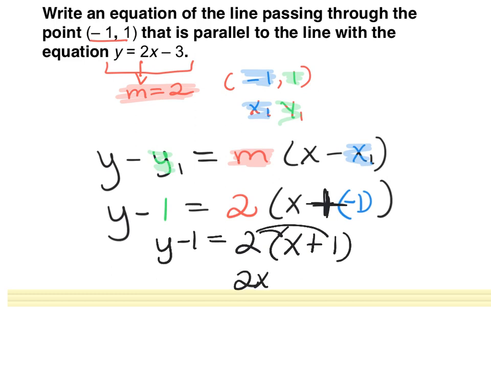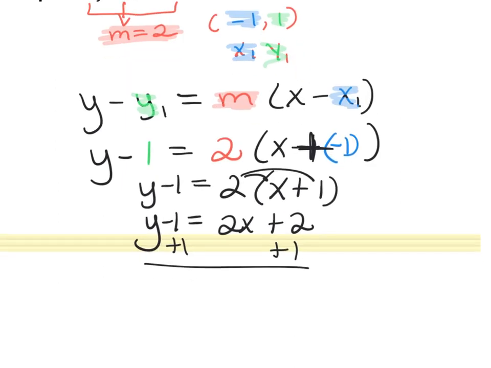So it becomes 2x plus 2. Drop down the y minus 1. And now move the 1 over. So the final answer, a line that is parallel to the other line that also includes the ordered pair (-1, 1), would be the equation y equals 2x plus 3.